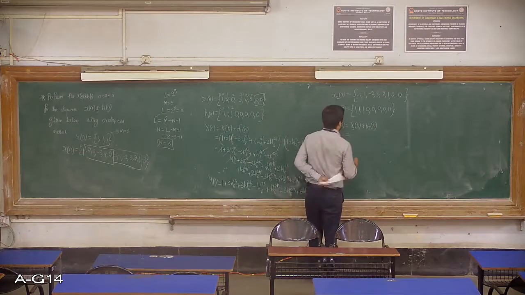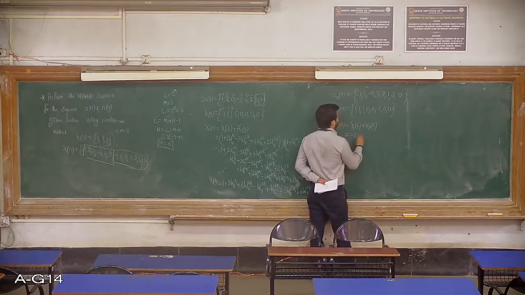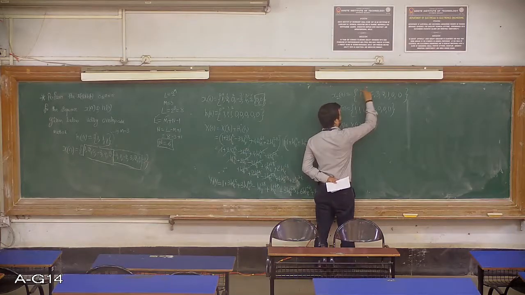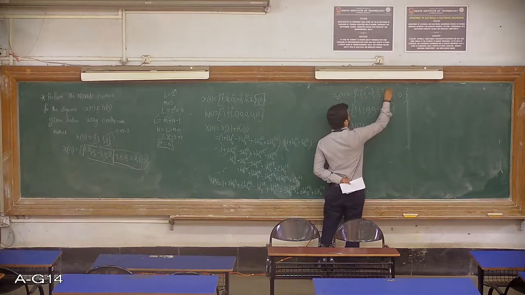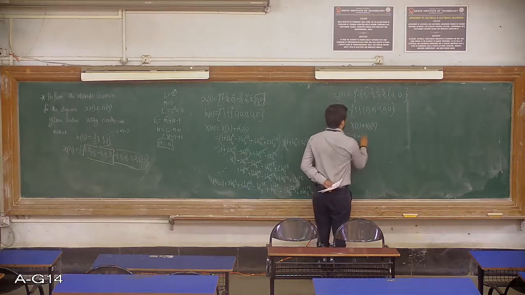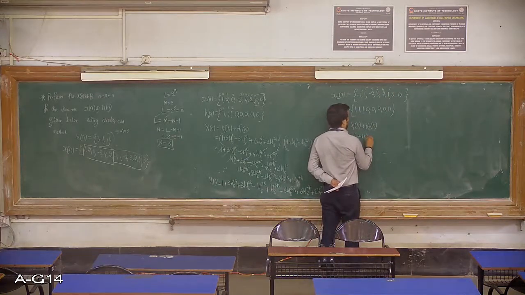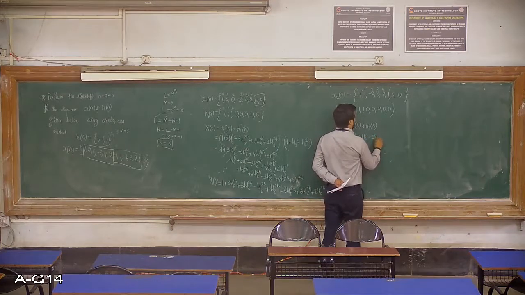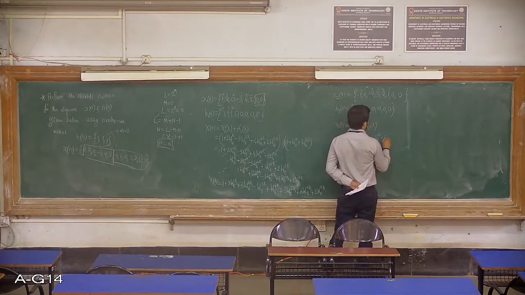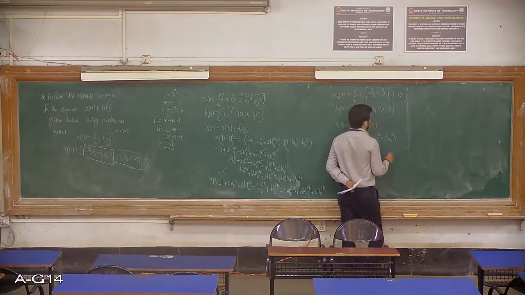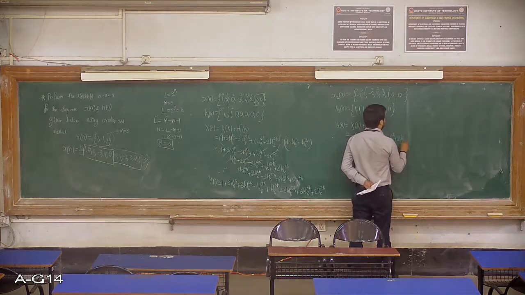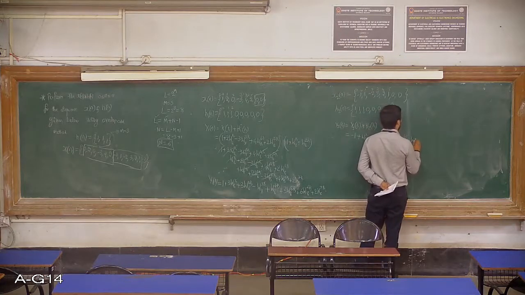Write those equations. Minus 1 plus W8 of k plus minus 2 W8 of 2k plus 3 W8 of 3k plus 2 W8 of 4k plus W8 of 5k.